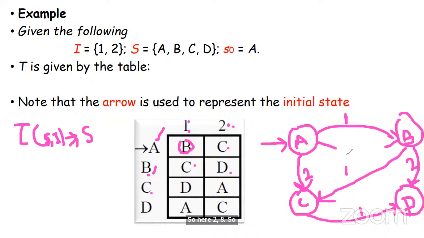Please watch. You have a loop to tell us that it's not continuous. You're on D, you receive an input of 2, you move to A. You are done with C. The next one is D. You're on state D now.